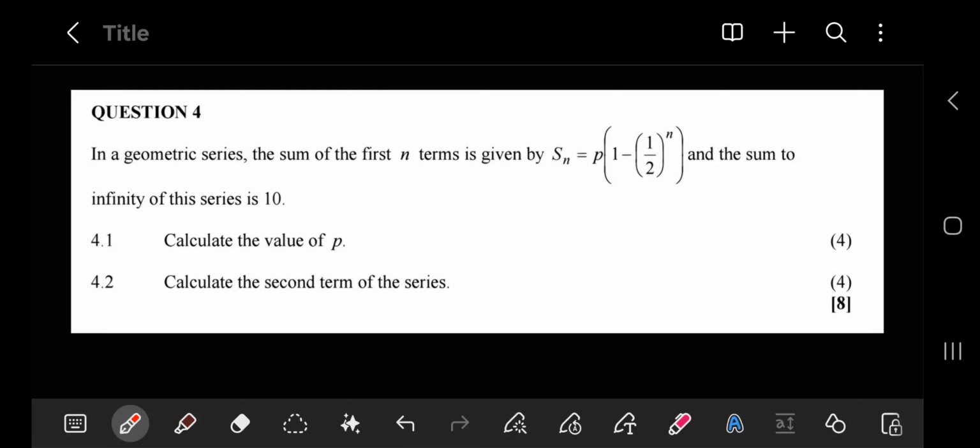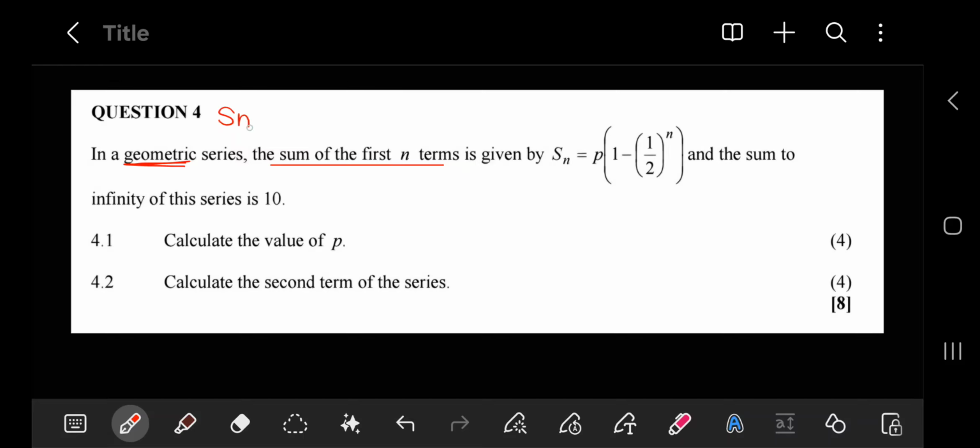Now at first, you're probably thinking, what does this even mean? Okay, but let's break it down. So we are first given the sum of the first n terms. And we know that for a geometric series, which it is, there are two formulas for the sum.